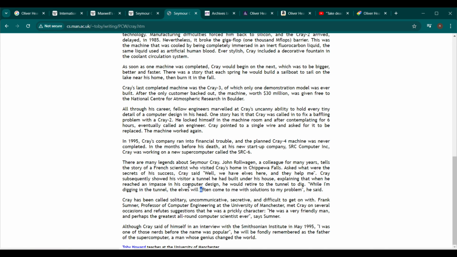I guess the elves would have solutions. I don't know if he was just being funny or just being cryptic. I mean, it's possible that he was just trying to protect his secrets, and he probably didn't want too many people to think much of him if he had something secretive he was doing.